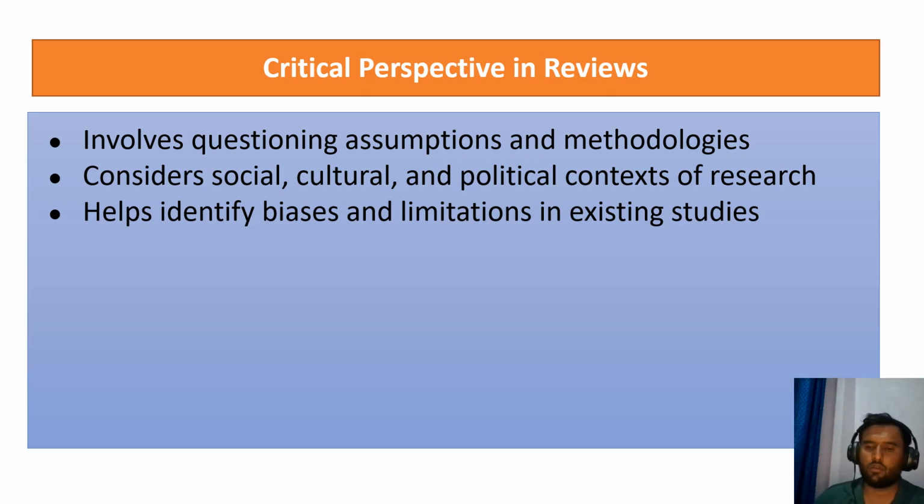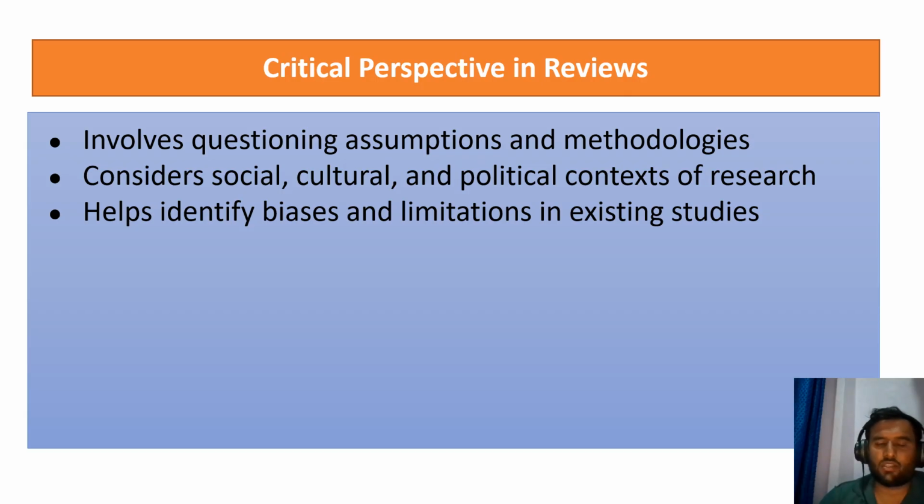Now, after completing the different types of literature review, we should be aware of the critical perspective of review. It means we should look at what type of questioning or assumptions are used, or what kind of methodology is used to conduct the particular research.